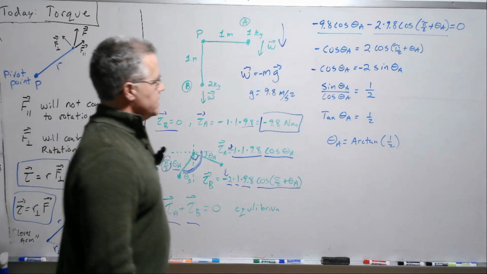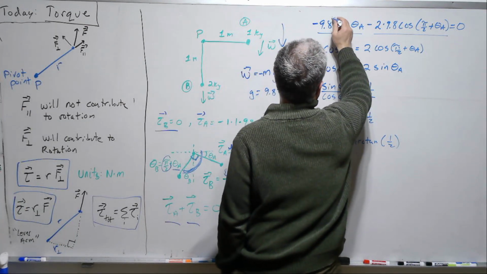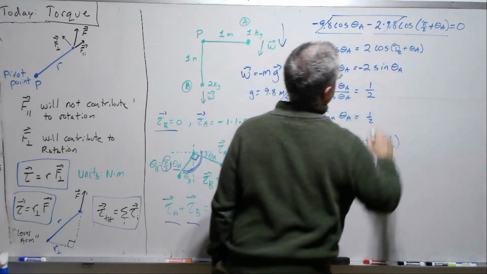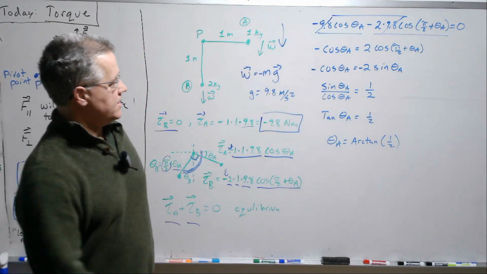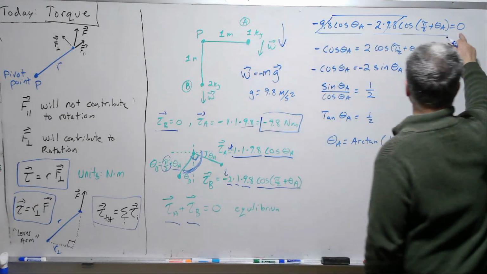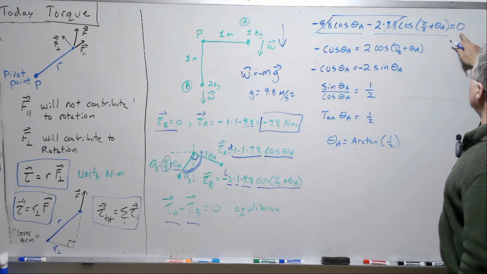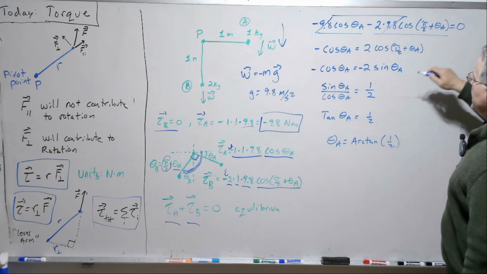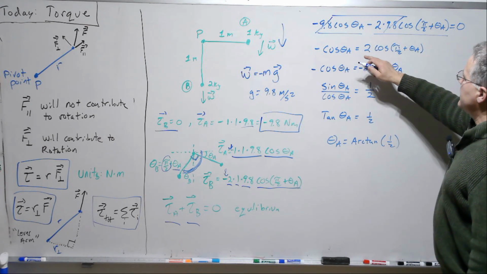First I'm going to cancel the 9.8 because I've got 0 over here, so I can divide both sides by 9.8, and that'll clean that up.